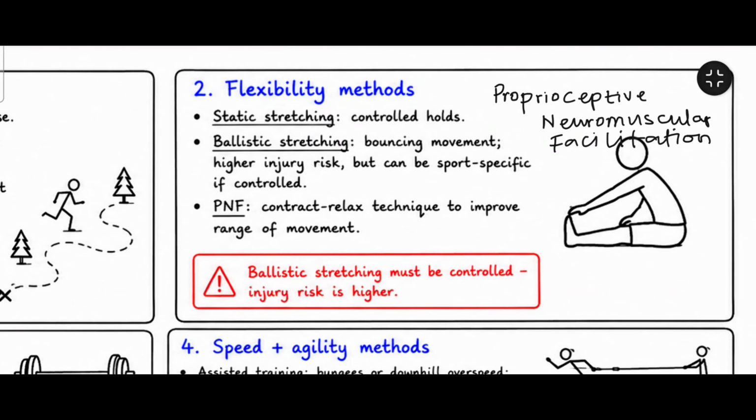And not to go into too much detail, but it all has to do with the Golgi tendon organ, and it basically bypasses the stretch reflex that your muscle has. Basically, you're going to the edge of the stretch, you're contracting it, holding it, taking a deep breath, and then pushing even further than that.